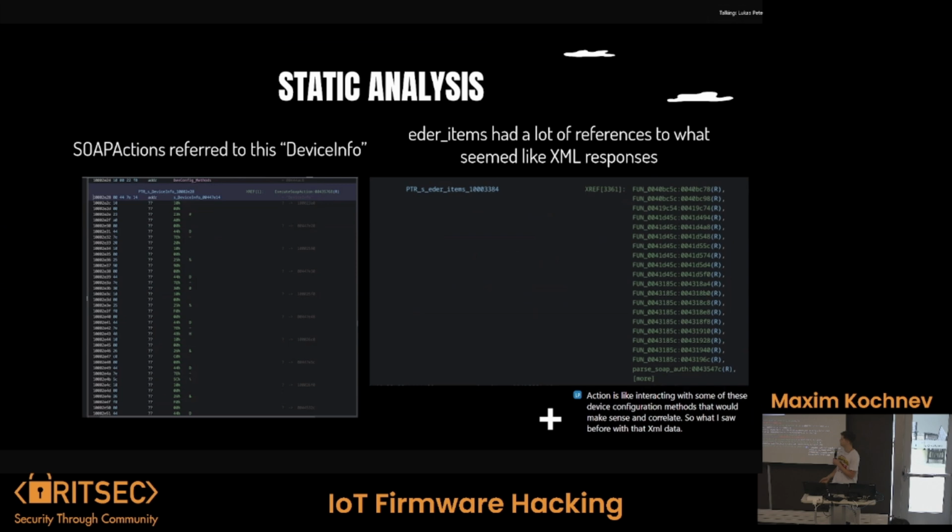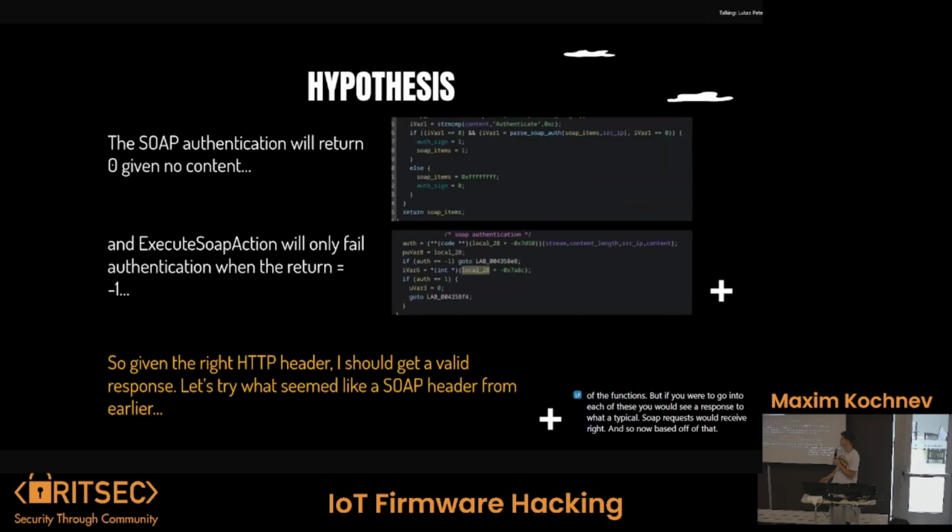And over here, we also see that pointer to the eater items, and references to a lot of these functions. I didn't put the pictures of the functions, but if you were to go into each of these, you would see a response to what a typical SOAP request would receive, right? And so based off of that, I made my hypothesis, right?